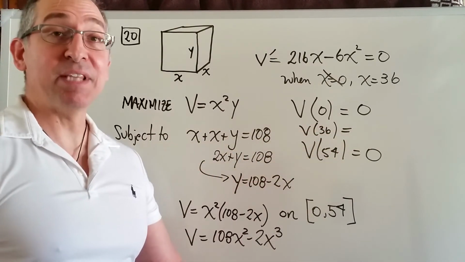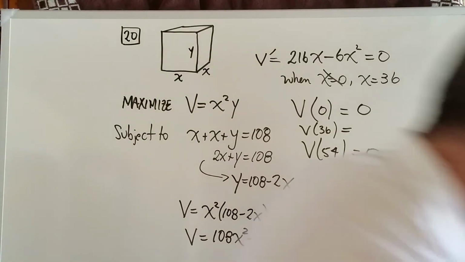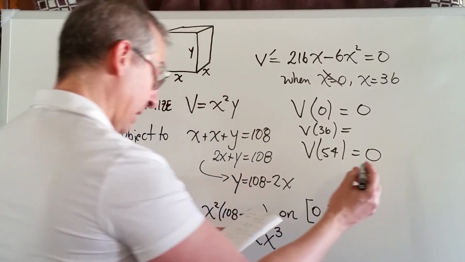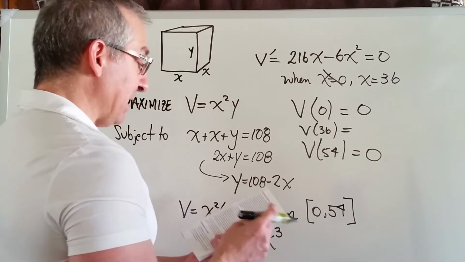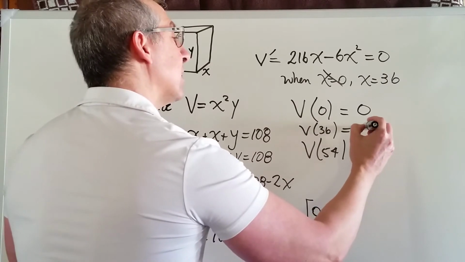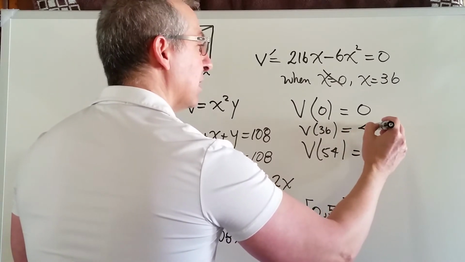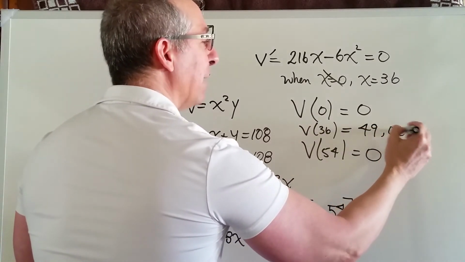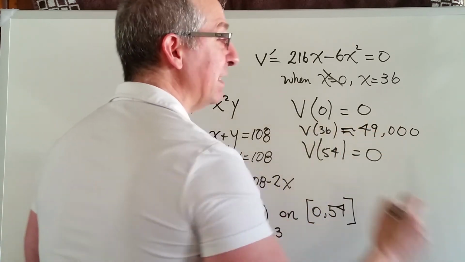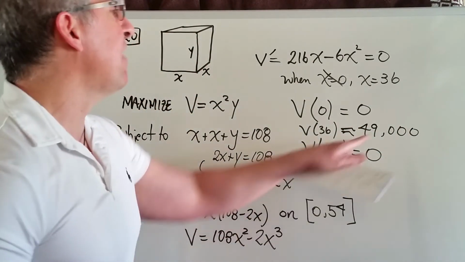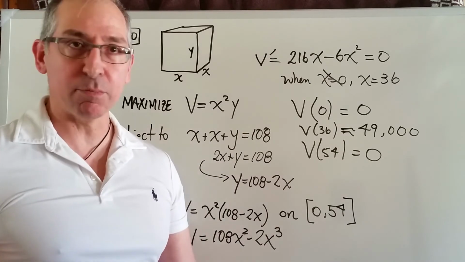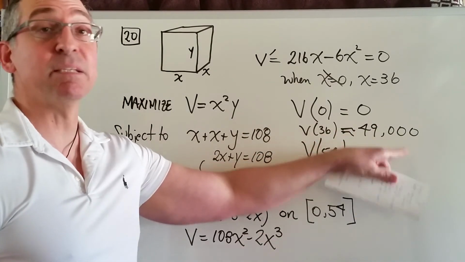Well, I actually worked that out for us real quick. I think it's like 49,000. I'm just going to approximate it. I had it written down on another piece of paper, but verify that. But obviously that's the largest number that's on the list. So that's going to be your maximum volume.